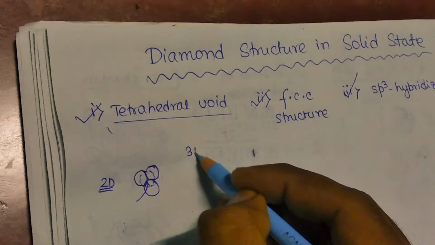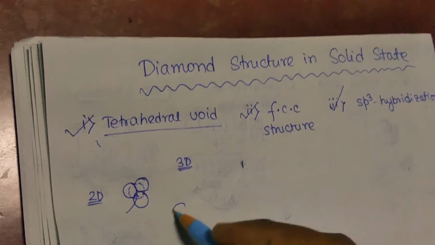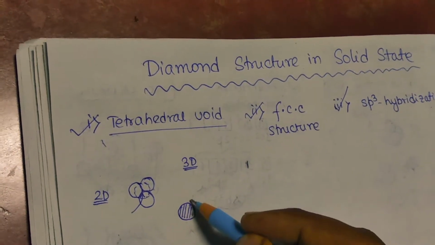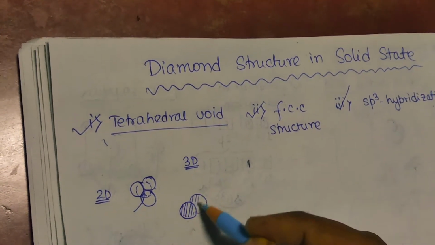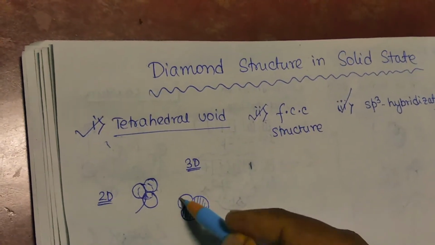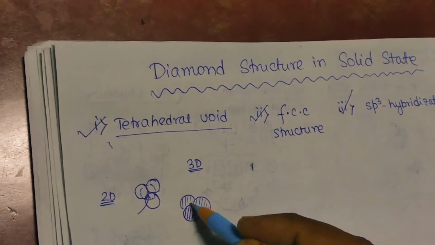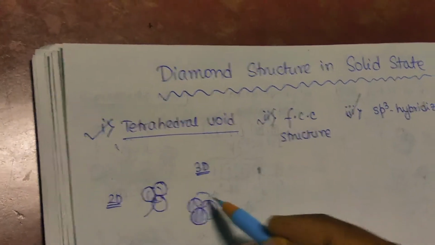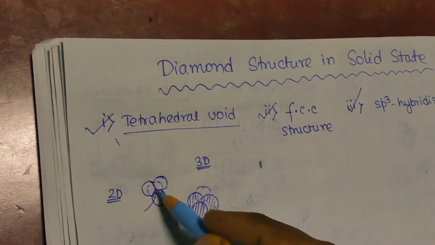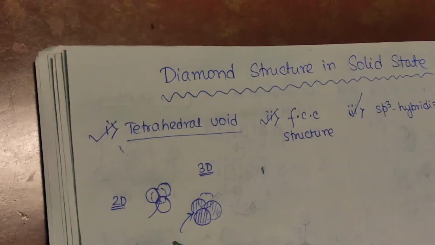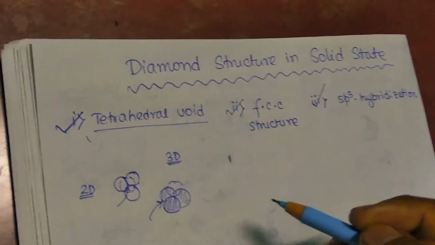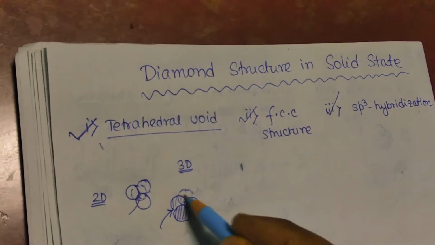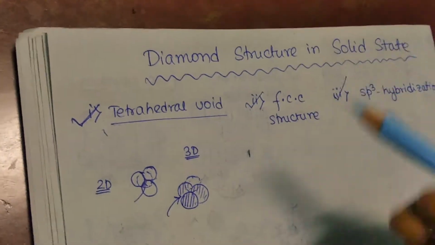In 3D, what happens is this: if we put an atom here, another atom here, and another here, there must be a gap between them, and if we put the fourth one here, a gap is there. This is the tetrahedral void space. Okay, it happens frequently in solid state physics.